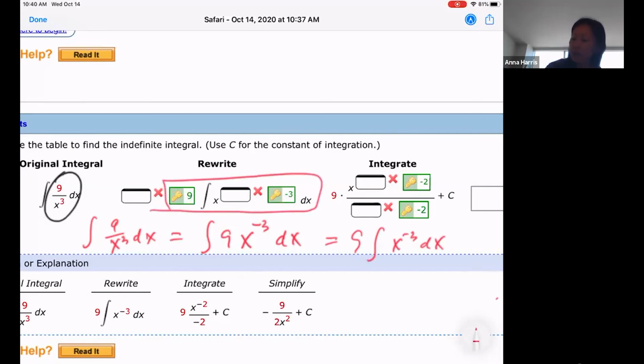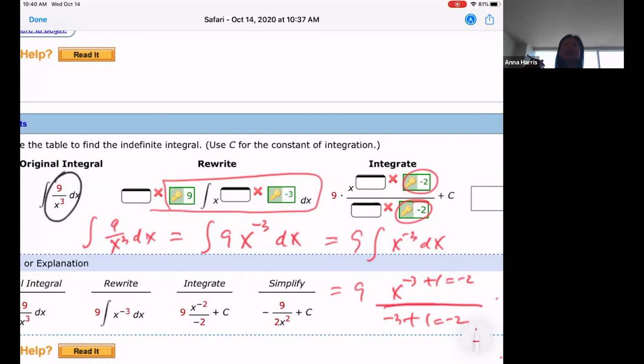Now the next step would be x to the -3 plus 1. -3 plus 1 is the same as -2. That's why your answer over here is -2 and -2 over there. All right, and then after you do that, let's just simplify again.